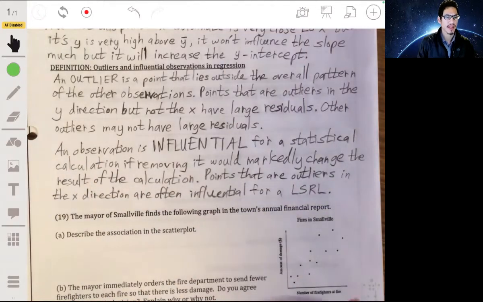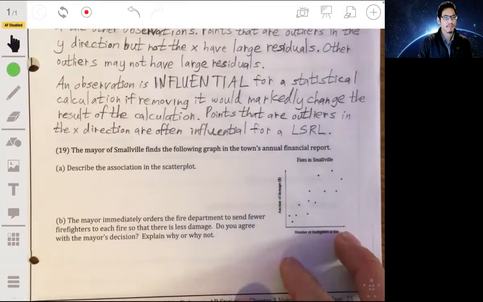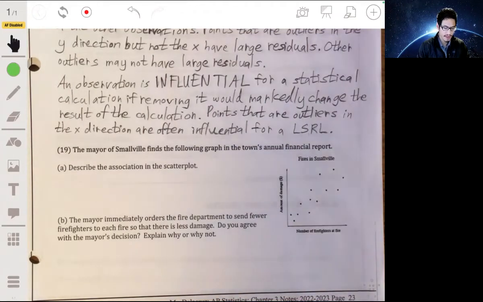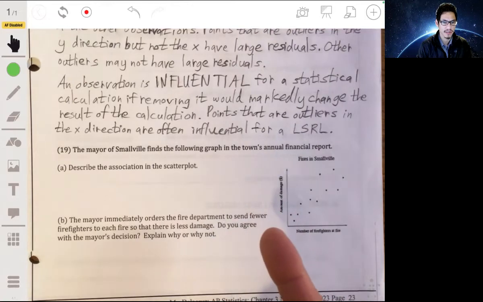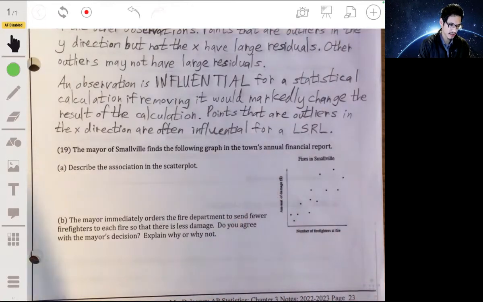All right, on this last page of notes, we just have little practice problems that give you an example. What we're talking about is correlation is not causation. You've probably heard that in psychology, or you're going to hear it. Here we have a scatter plot that shows the number of firefighters at a fire versus the amount of damage, and you're like, oh, it looks like the more firefighters there are, the more damage there is.